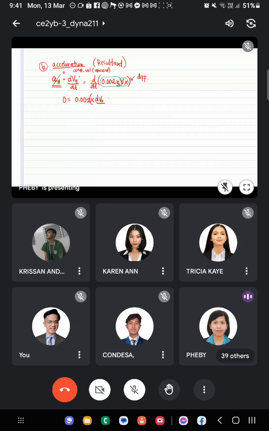Okay, 0 is 0.002 times x and dVx over dt, which is our acceleration at x, plus Vx multiplied by dx over dt. Dx over dt is velocity x din. Kaya Vx multiplied by Vx. Kaya yung ating equation will be 0.002 times x times acceleration at x plus Vx squared.